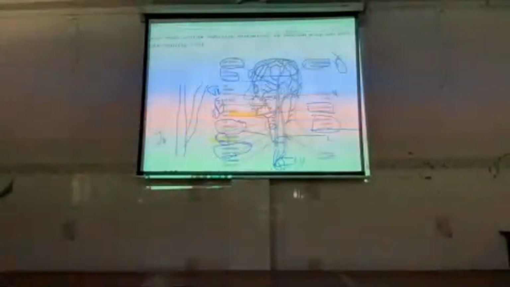From the external vein, we got the anterior jugular vein.